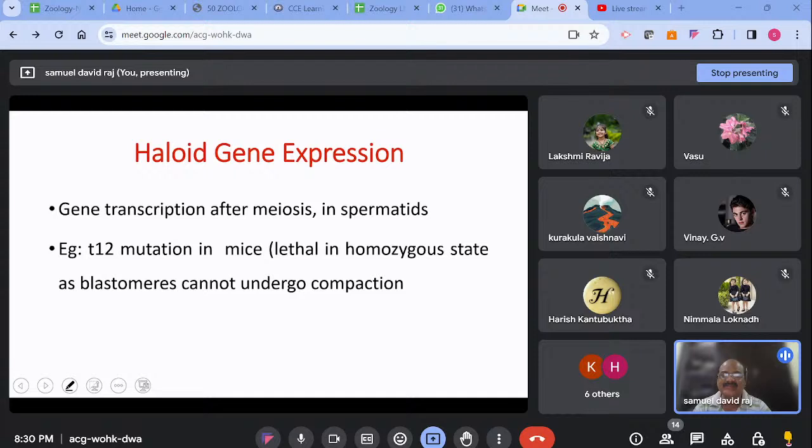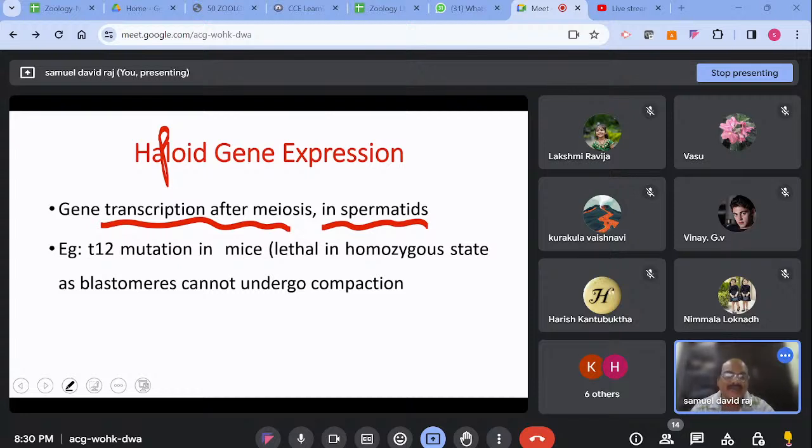Scientists have also observed another phenomenon called haploid gene expression. This is the gene transcription after meiosis that takes place in spermatids.